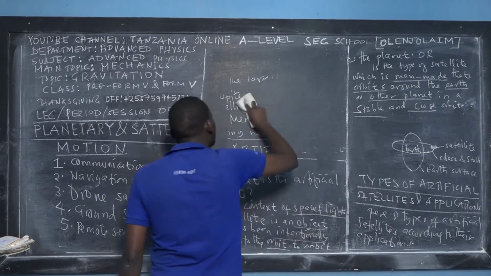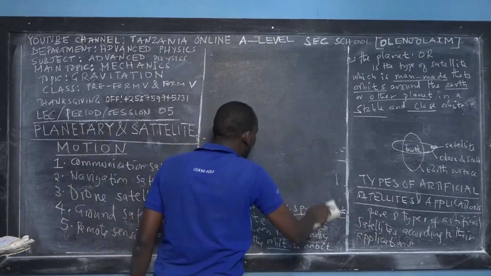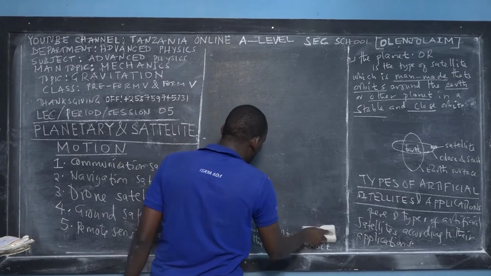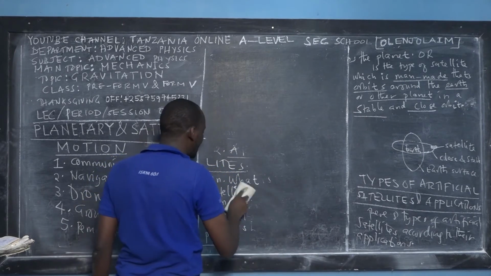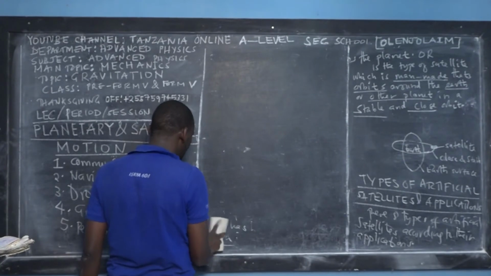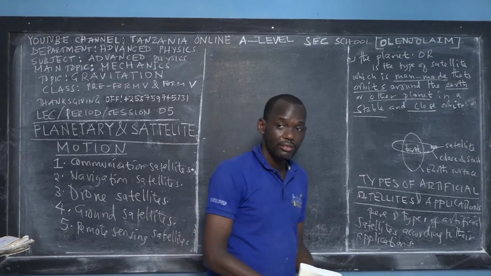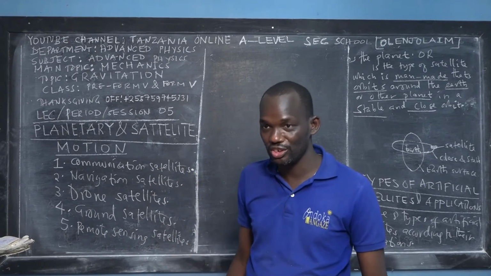We can place sensors in different places of the space and then access the information. These sensors might be sending the information to the satellites, and then the satellites give us the output of the sensors. So that is the meaning of remote sensing satellite, right? Very interesting, very important for engineers.